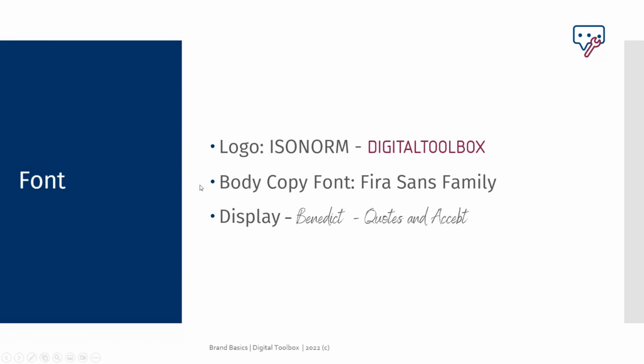And so we have a body copy font, Fira Sans, that has a lot of the same elements, but is more readable. And this is what we use for almost everything, for our PowerPoint, for a lot of our social media content, lots of the body copy and everything on our website. And then you may want a display font.